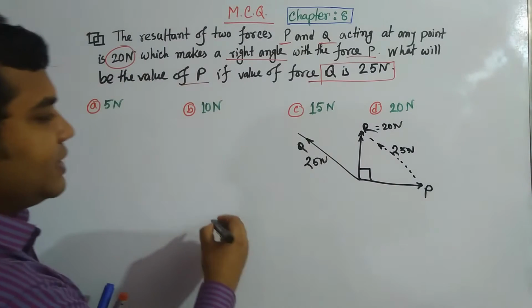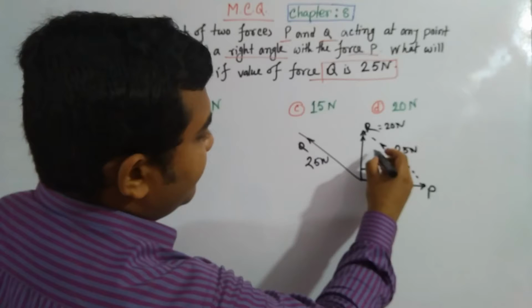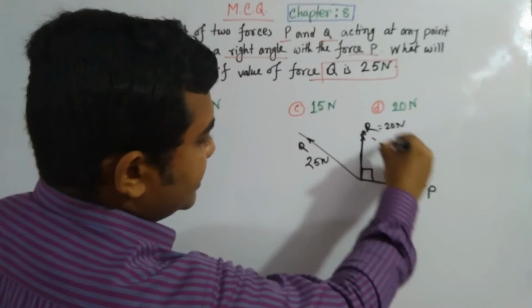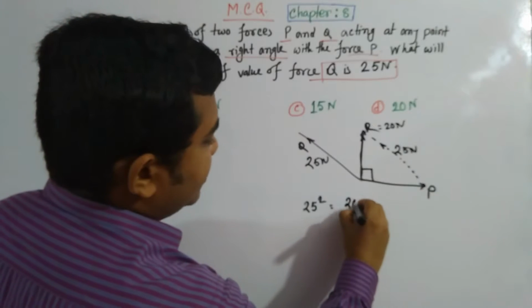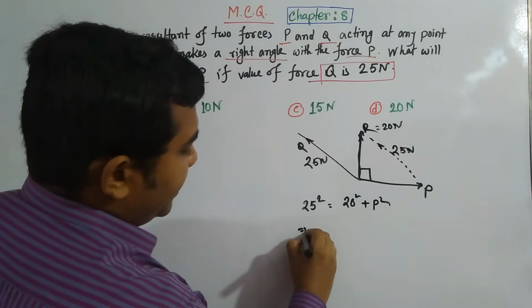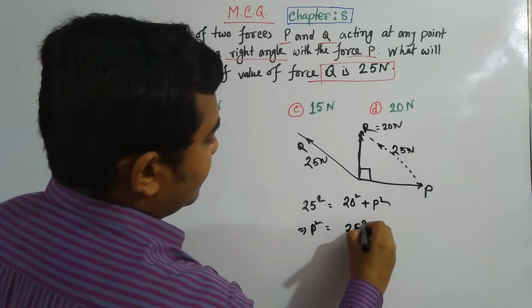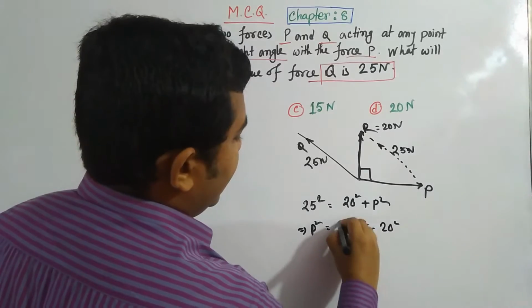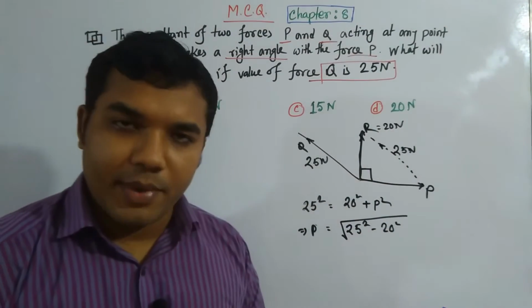From here we can say this is 20 square and this is 25 square. So 25 square equals 20 square plus P square. So P square should be 25 square minus 20 square, and P is the root of that.